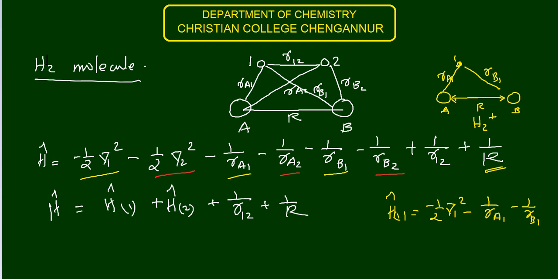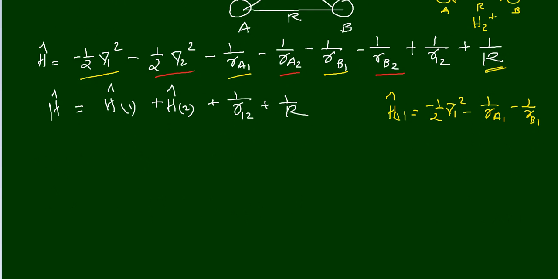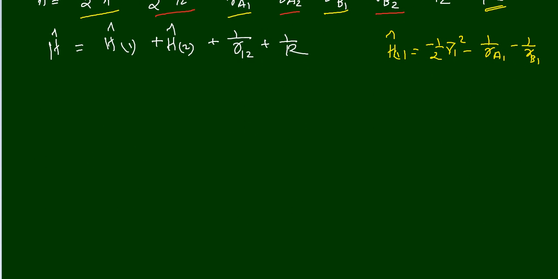Let me bring the screen down. So I'm going to consider the wave function. Here we are considering the H2 molecule as one electron plus an H2 plus system. So that gives the H2 molecule.